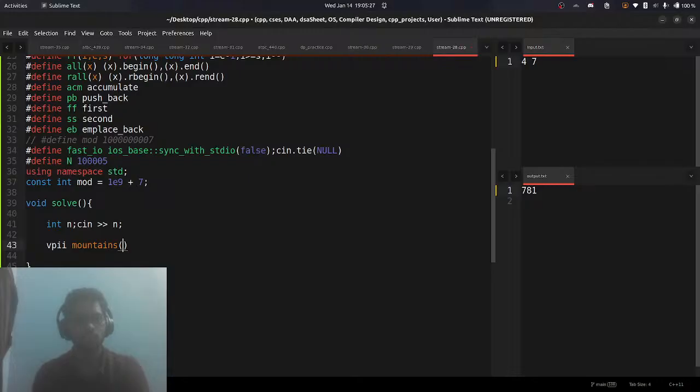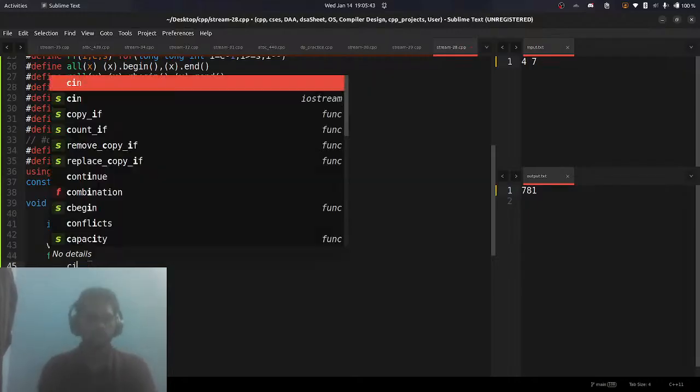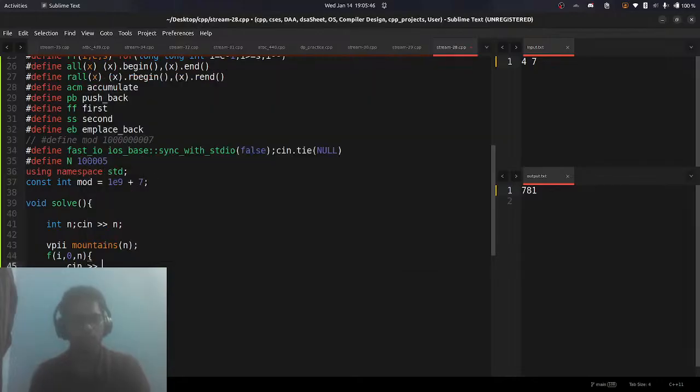mountains, and this is of size n. I'll take input mountains.